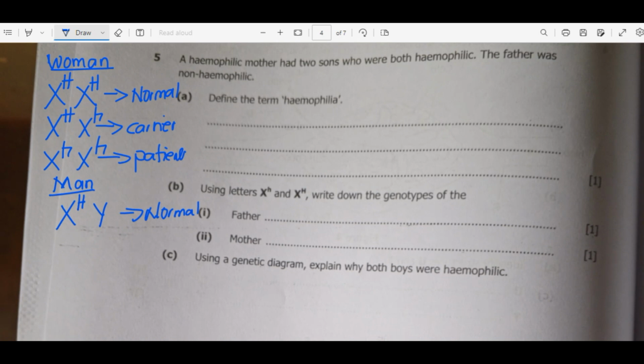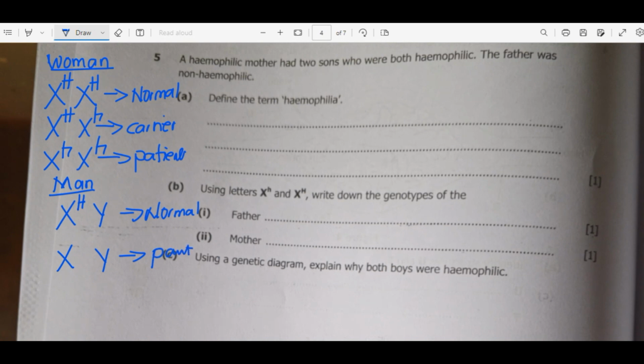Remember, the Y does not carry the defect. You don't have to put anything to the letter Y. Whether normal, whether sick, the Y does not carry anything. So for a man, it is either normal or a patient.